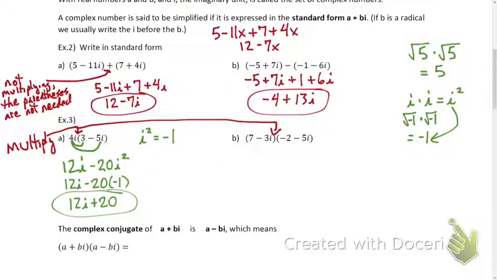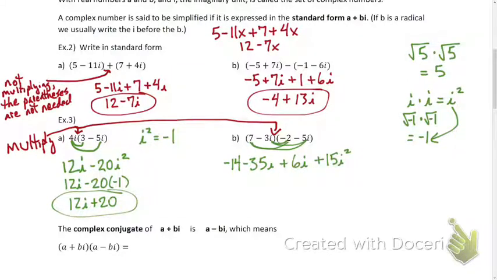All right, let's try one more. On B, I FOIL this out. So I go 7 times negative 2, 7 times negative 5i, negative 3i times negative 2, and then the weird one, negative 3i times negative 5i gives me positive 15i squared.